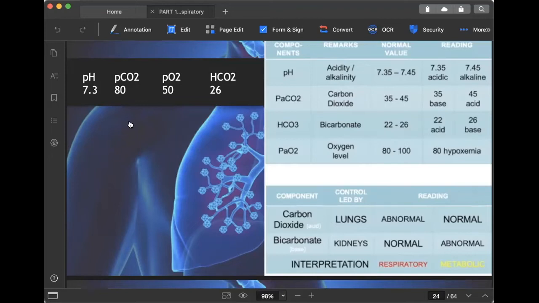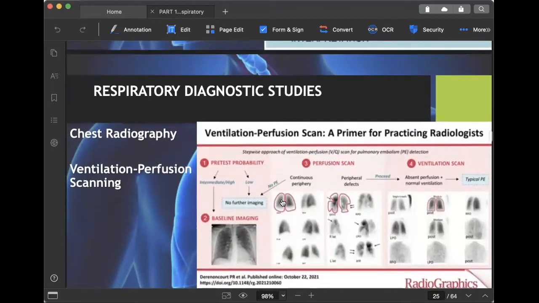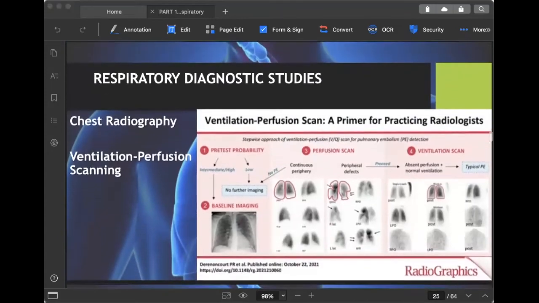So we have an abnormal carbon dioxide, but a normal bicarbonate of 26, and your pH is acidic. So this one is respiratory acidosis. I hope you've learned that part. You will do a lot of that in your laboratory as well as in your duties in the ICU.